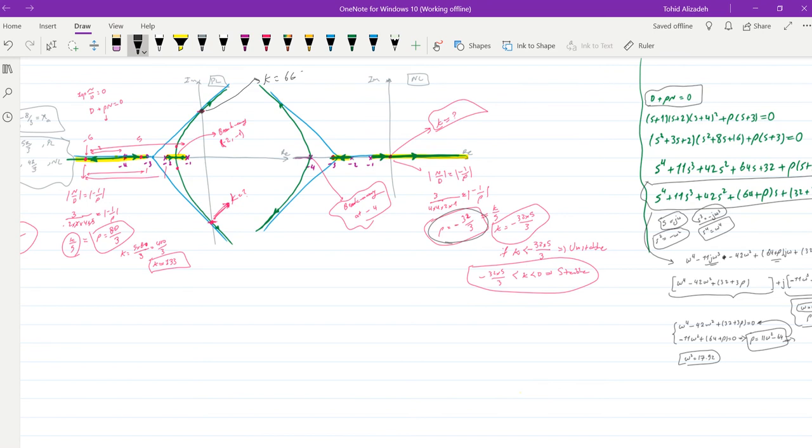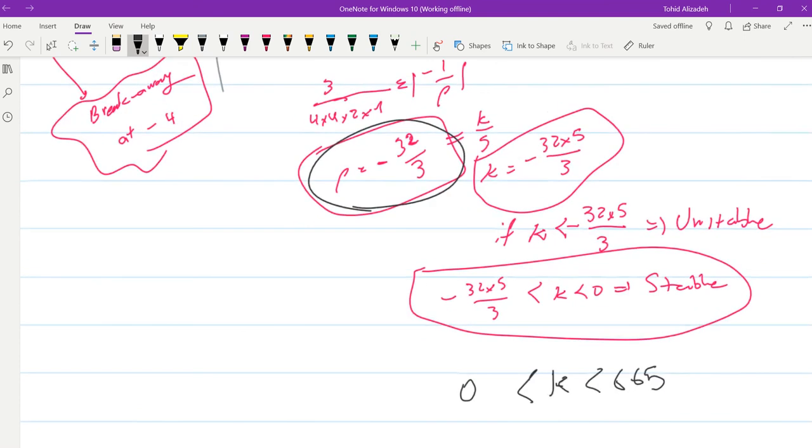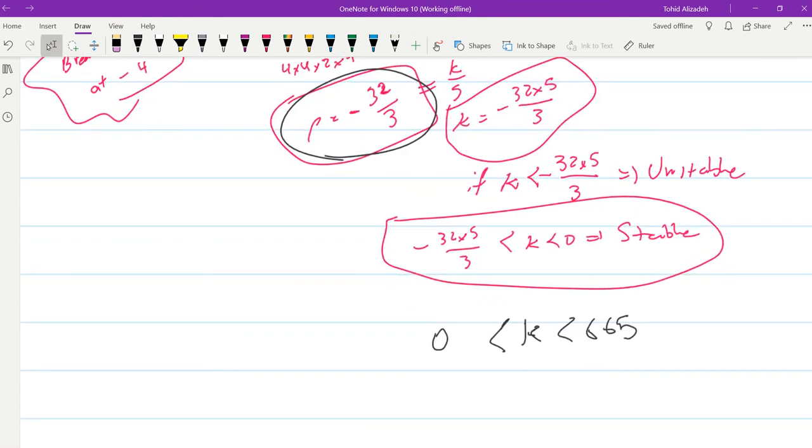So over here we have k equal to 665, and as a result, the range of values for which the closed loop system is stable will be k between 0 and 665, and we already had it from minus 32 times 5 over 3 and 0.